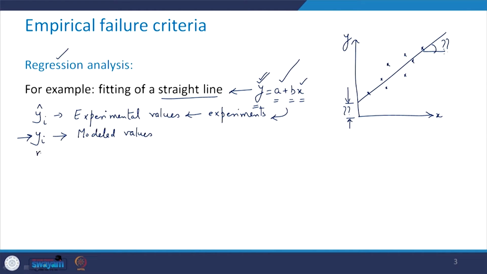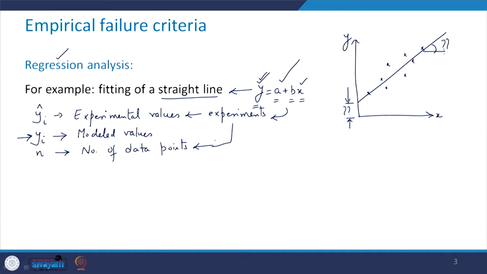Another quantity that I want to define is n, the number of data points. It can be anything, 10, 20, 30, anything. It is the number of experimental values that we are going to get.